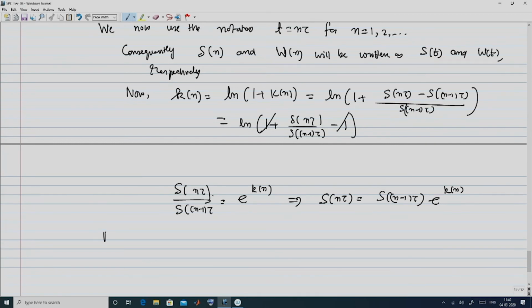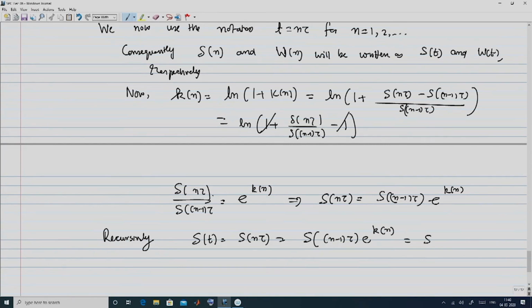So, recursively we will get S of t is equal to S of n tau is equal to S of n minus 1 tau into e raised to k n.